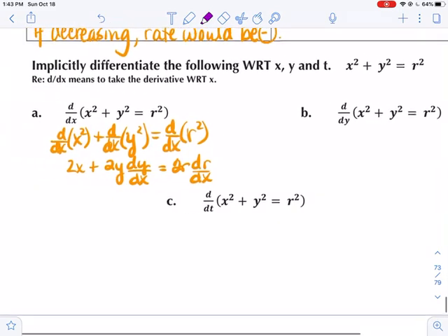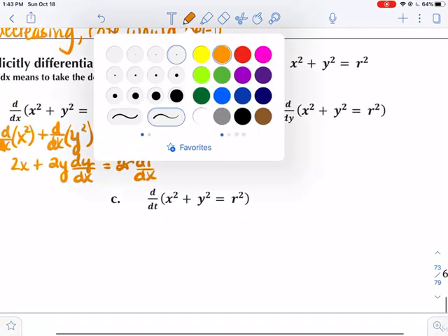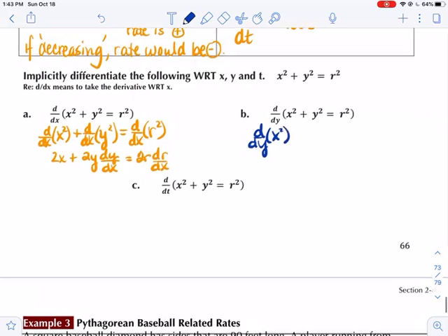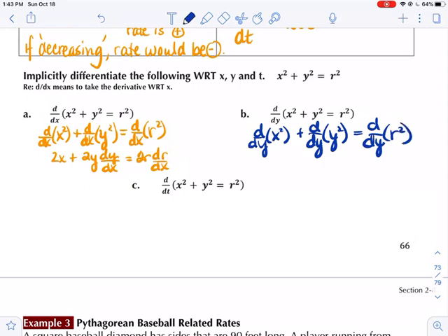Okay, let's take the derivative with respect to y then. Change color here to blue. So if I take the derivative with respect to y, I go left to right, ddy of x squared plus ddy of y squared is equal to ddy of r squared.